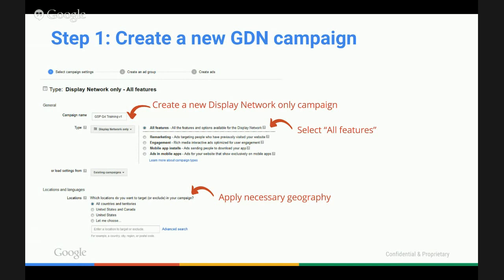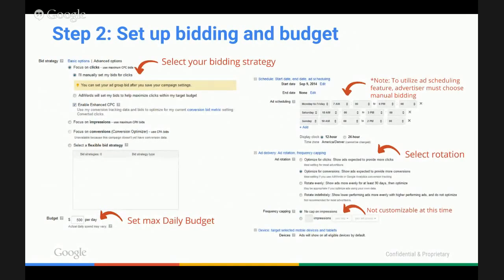We recommend choosing all features because then you would be able to select specific targeting for these types of campaigns. When it comes to locations, you choose the ones that you want to target. Moving on, you would be able to select the bidding strategy. However, if you're willing to use the ad schedule, it would only work if you choose manual bidding. That's a good thing to keep in mind.